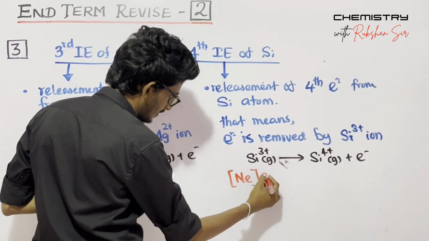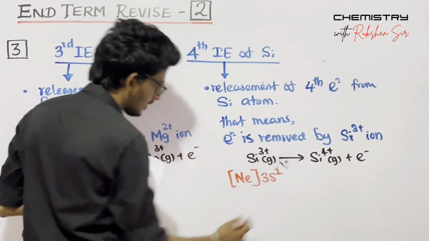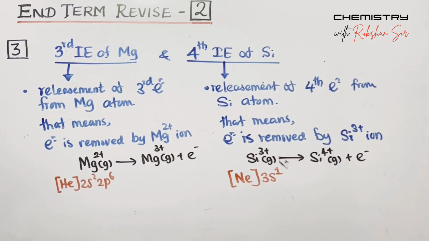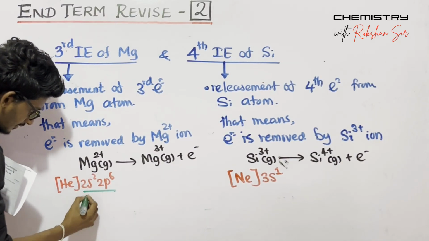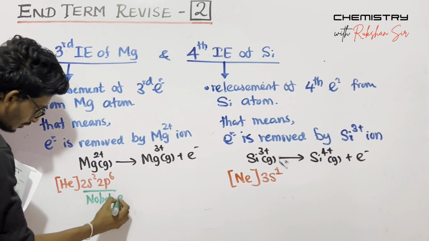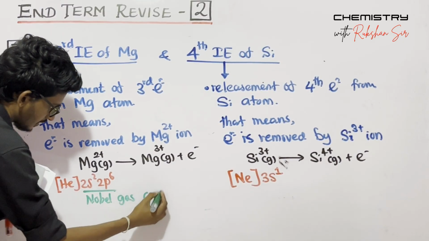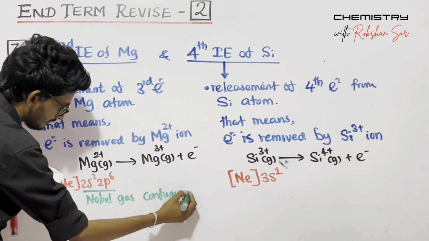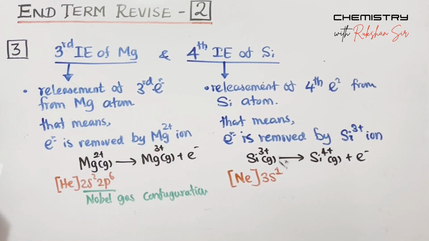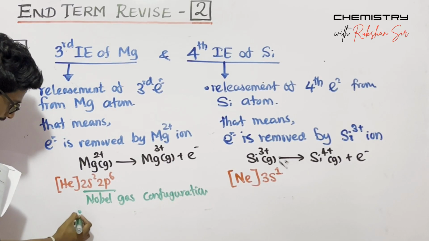So you clearly see, removing an electron from a noble gas configuration is very hard.